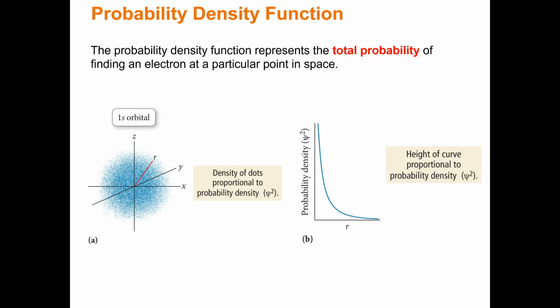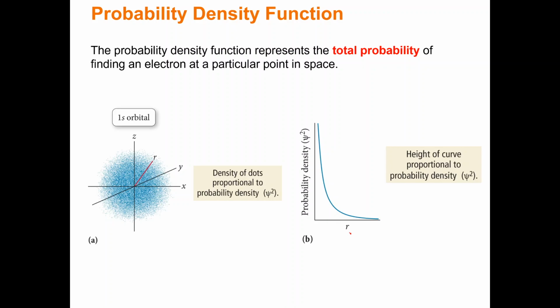And that's based on solving the Schrödinger equation. If you were to put that mathematically, if you were to take psi squared for this, this is telling you the likelihood of finding the electron at distance r.